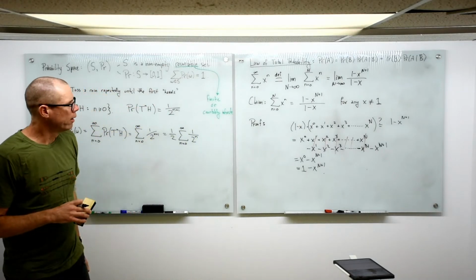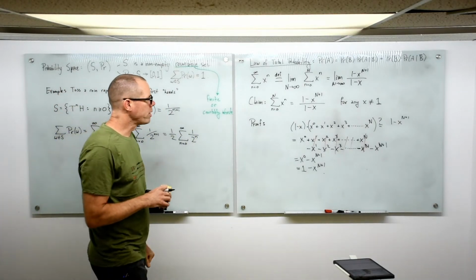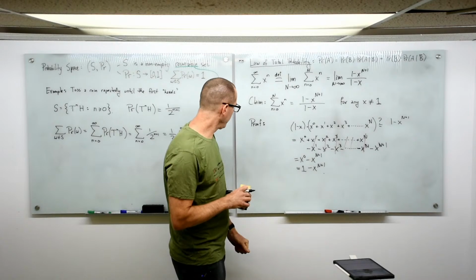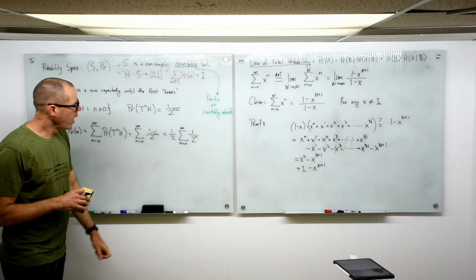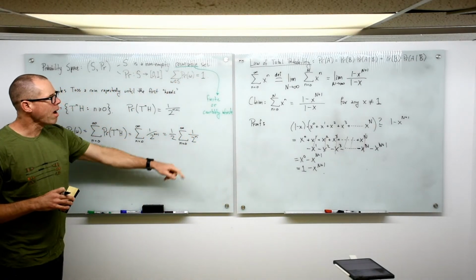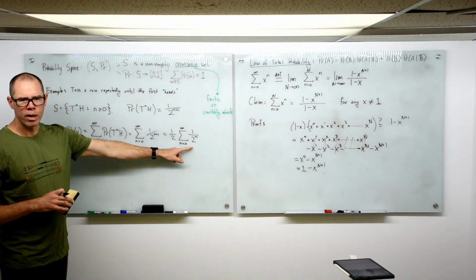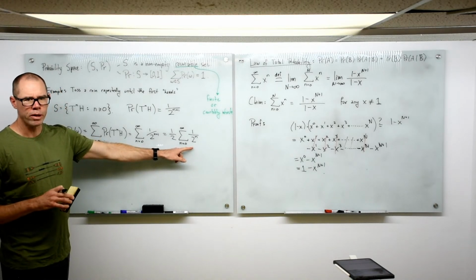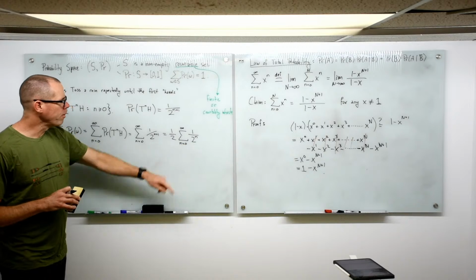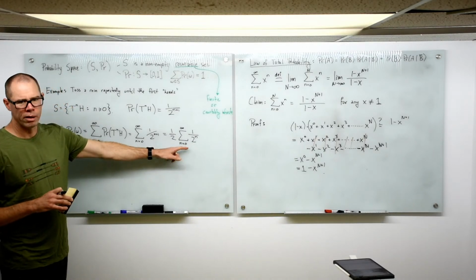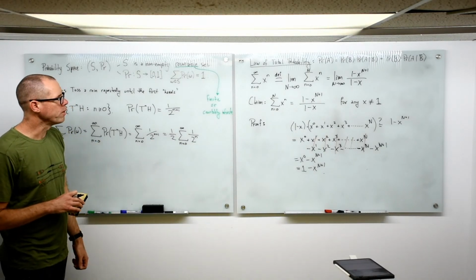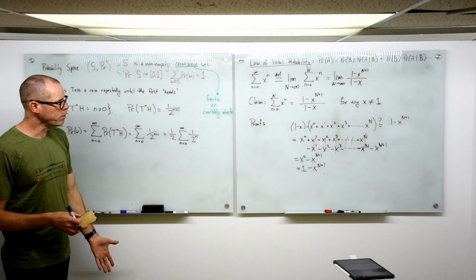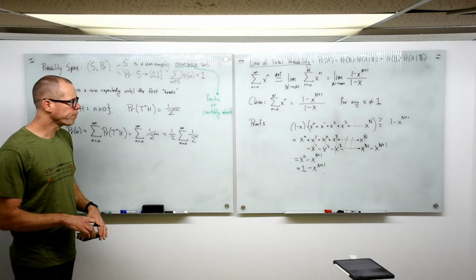And I want some simple form. If I look at what I'm interested in, I'm using this when x is a half. Later we'll want to use it for something like x equals 3/4. But basically when x is a probability, essentially, is when we want to use this thing, which means it's between 0 and 1.